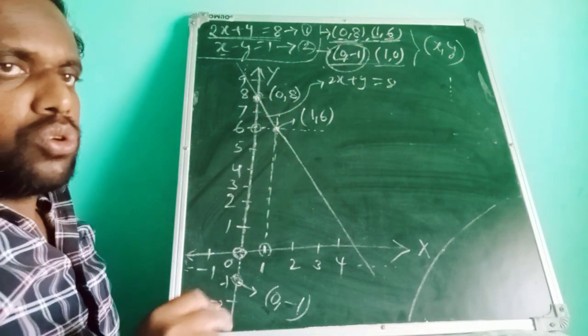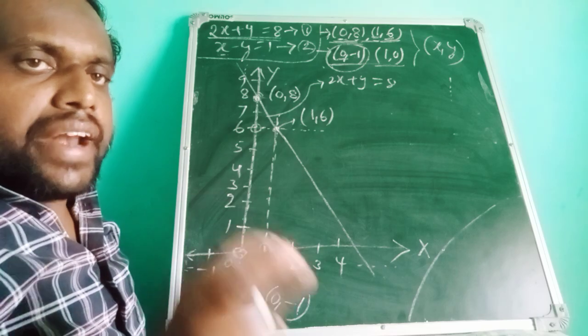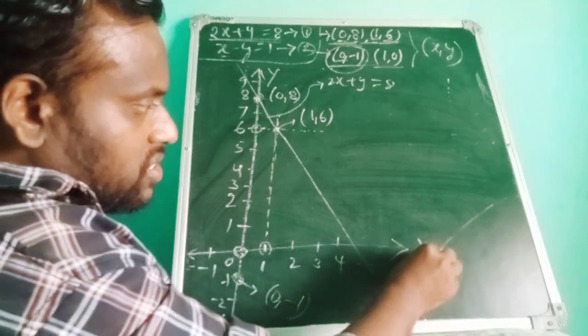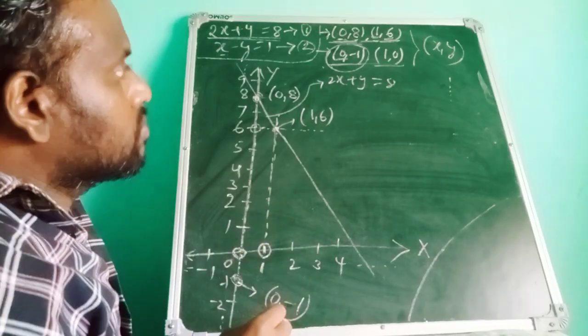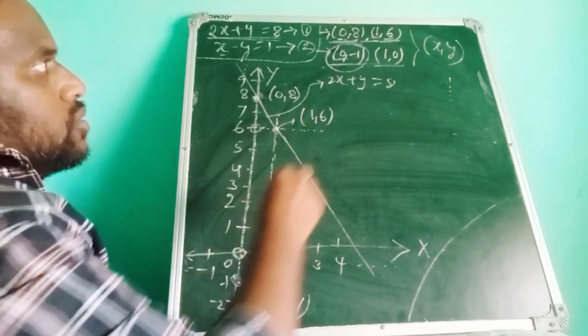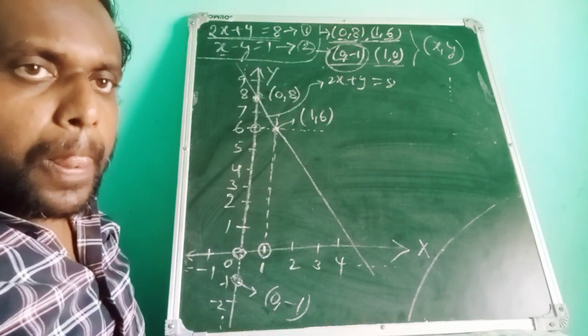So (1, 0). The first value is 1, that is x is equal to 1. Identify 1 on the x-axis. Where is that? Here. The next value is 0, that means y is equal to 0.